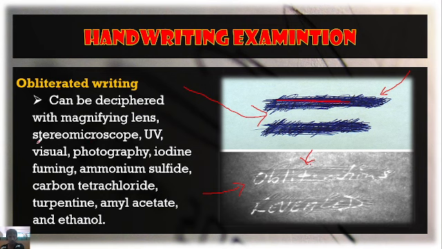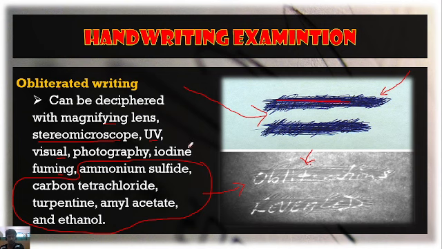And you can also use a stereoscopic microscope, magnifying lens. Kung hindi gagana, UV or visual photography, iodine fuming, ammonium sulfide, carbon tetrachloride, turpentine. However, with these kinds of chemical examinations, you should also take consideration na baka sirain niya yung document or yung writing instrument, yung paper, to be specific.